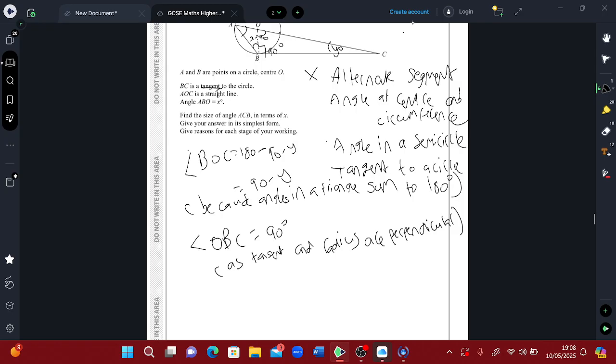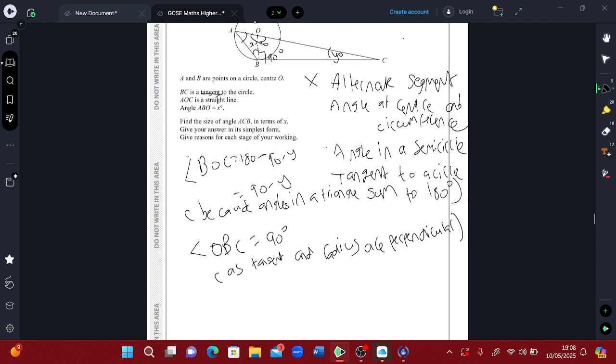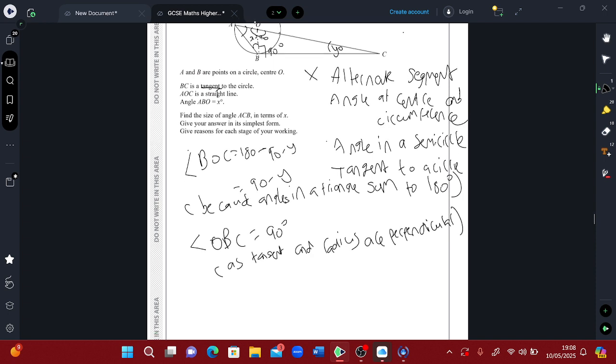We also know this one because it's 180. So this angle here and that one here, and look, it's on a line. So that's going to be angle AOB.